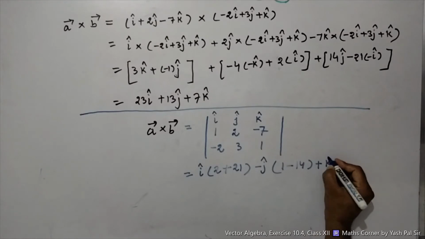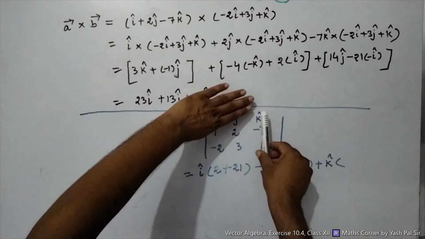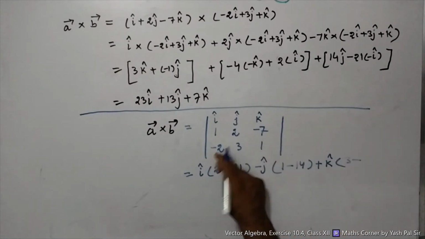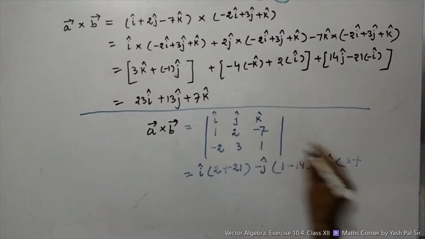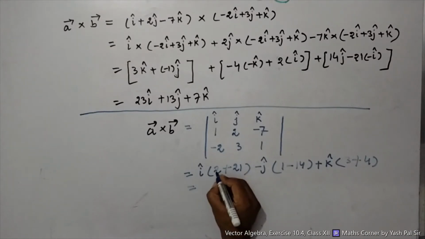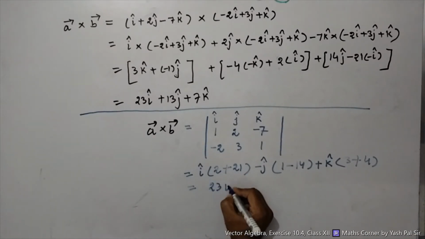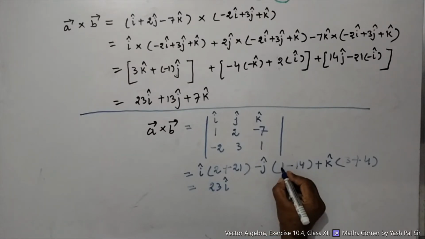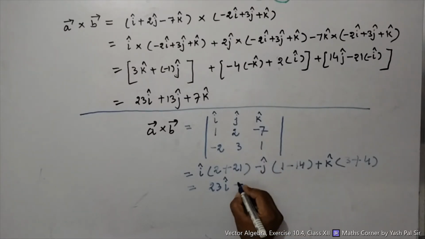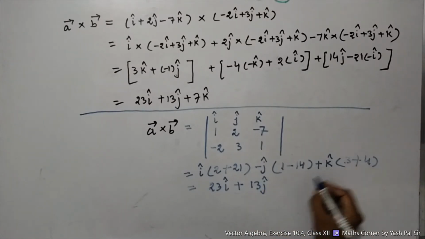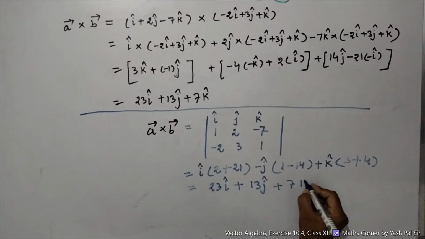Next is k into 1 into 3 minus 2 into minus 2, which is 4. So this way 21 plus 2 is 23i, minus 14 plus 1 is minus 13, minus minus, so plus 13j, and 3 plus 4 plus 7k.